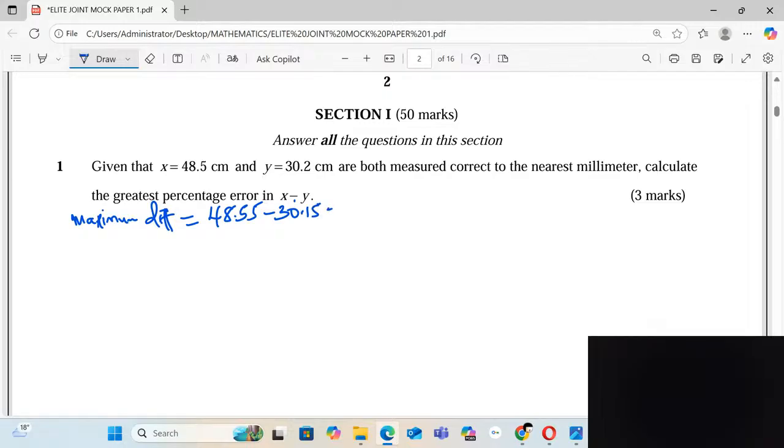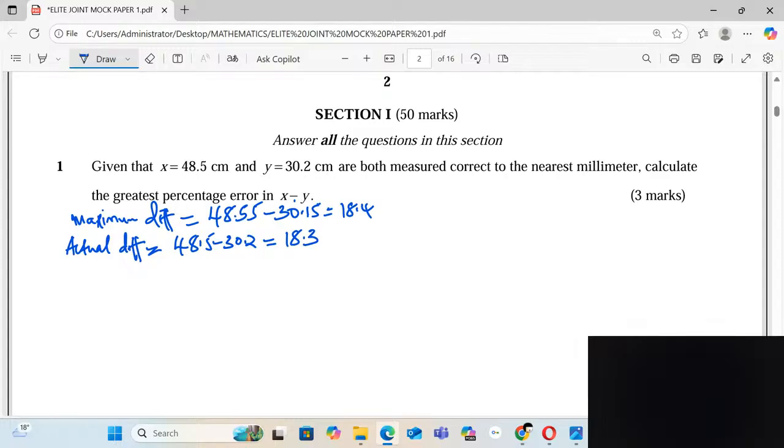Then we get 18.4. Then we take the actual difference, which is 48.5 minus 30.2, and with that we get 18.3.